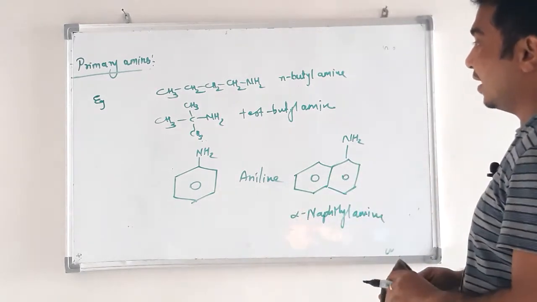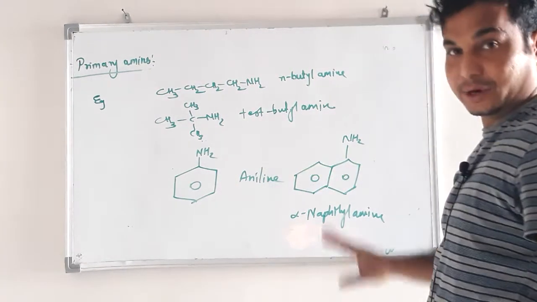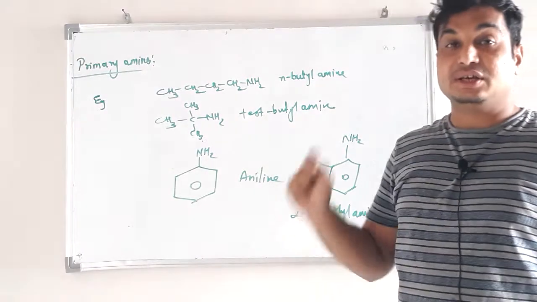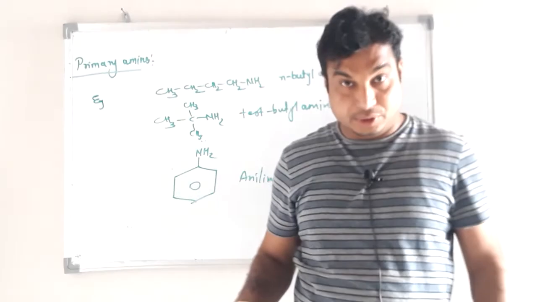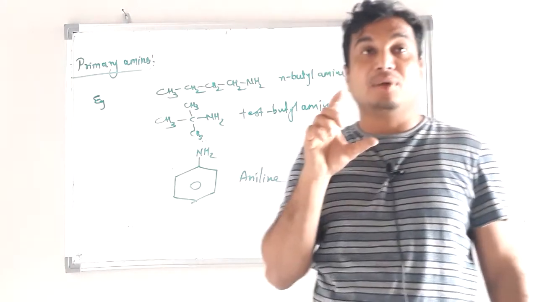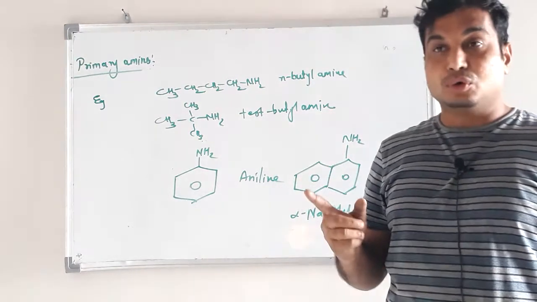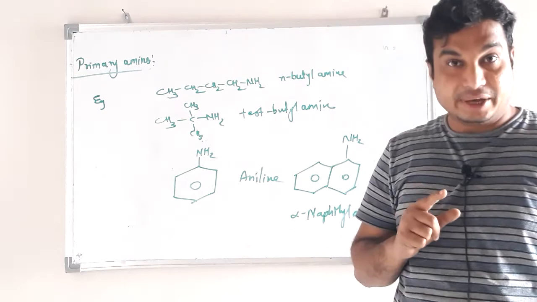So these all are primary amines, aliphatic as well as aromatic. So how are they obtained? They are obtained by replacing one hydrogen atom from alkane by an amino group. If we replace one hydrogen atom from alkane by an amino group, then the resulting compounds are known as primary amines. Okay, very simple.